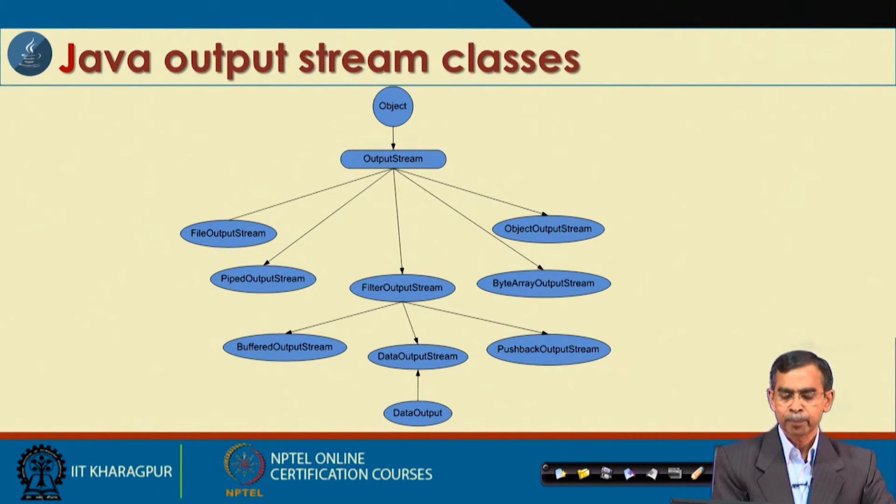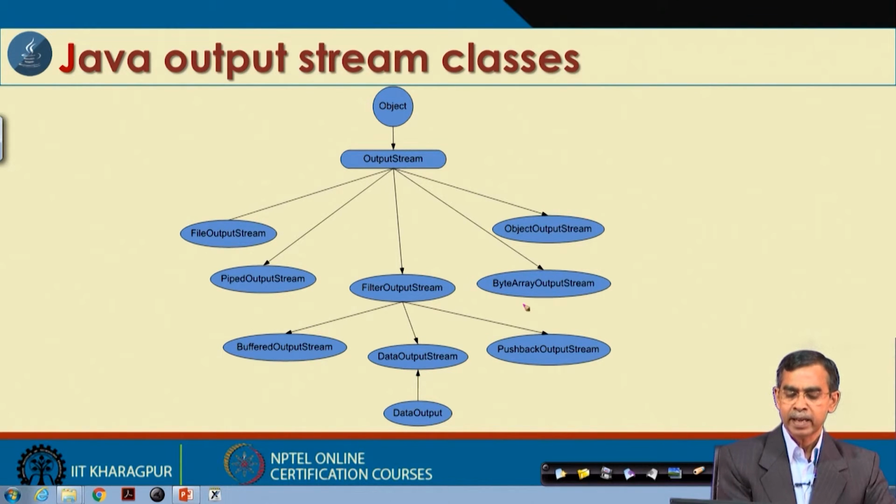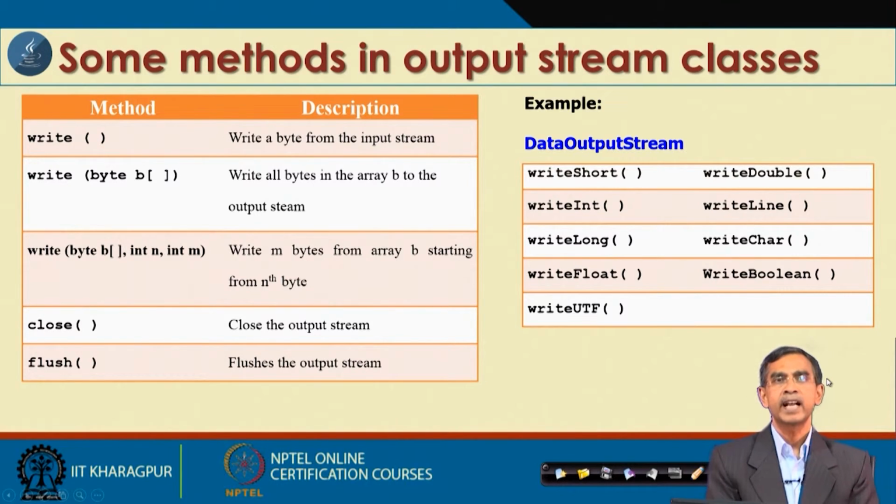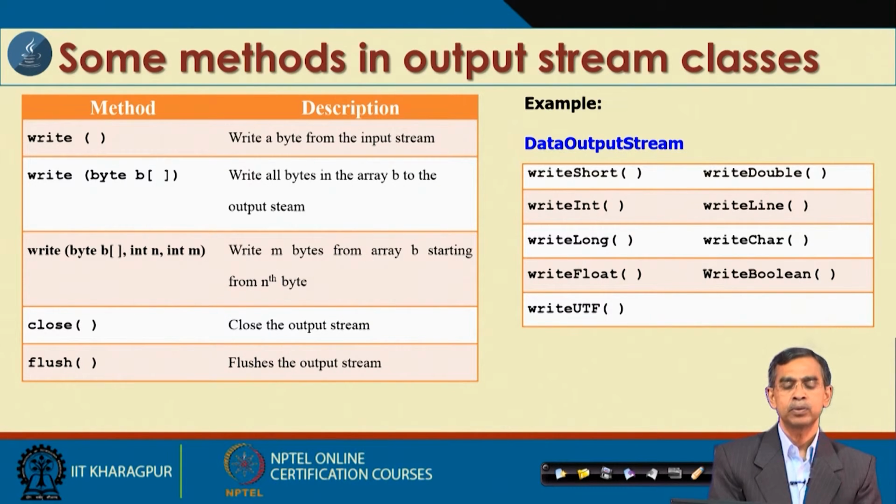For example, byte array output stream basically tells how you can put some data into an array in memory. There are again many methods like the write method, which gives an idea about how we can write a byte into an output stream.